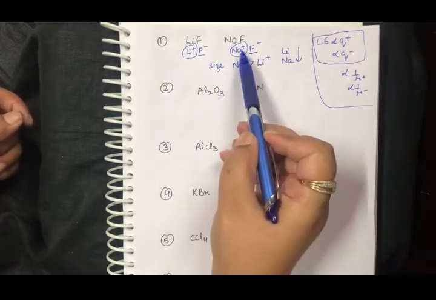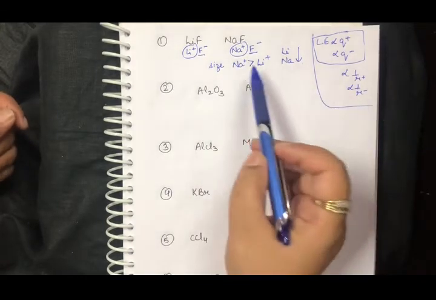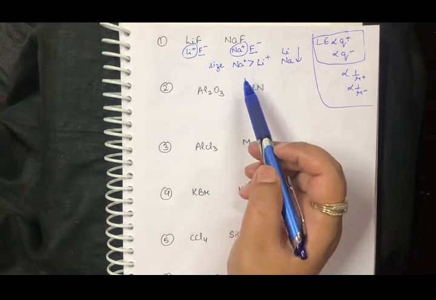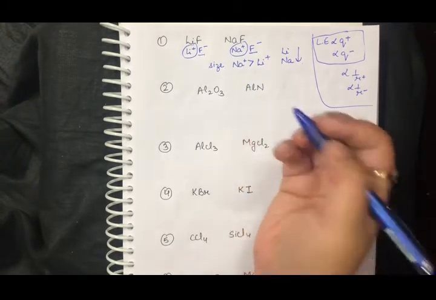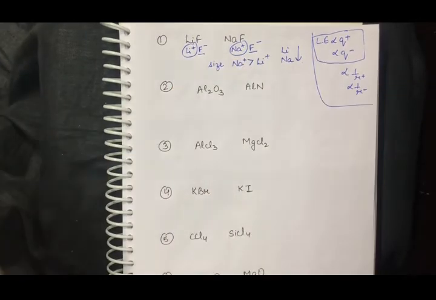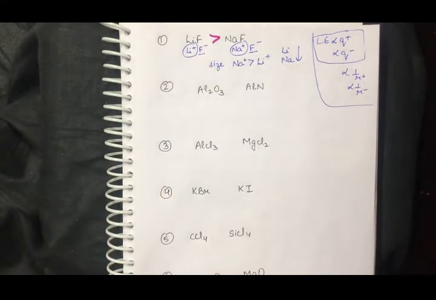The charge on both of them was the same, so I moved on to the next factor, which is size. And in size, sodium was more. So if sodium ion has more size, then which will have more lattice enthalpy? I will just mark it. The lattice enthalpy would be more for lithium, because size is inversely proportional to the lattice enthalpy.